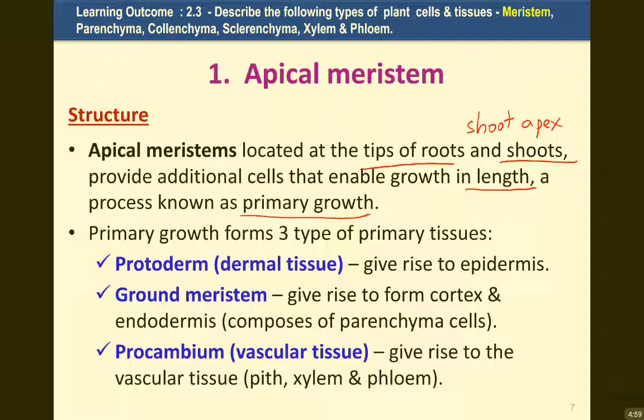So there are three types of primary tissue found in primary growth. Protoderm, which gives rise to epidermis of the cell, outermost layer. Ground meristem, which gives the endodermis and cortex of the plant. And procambium, which gives rise to vascular tissue such as pith, xylem, and phloem.